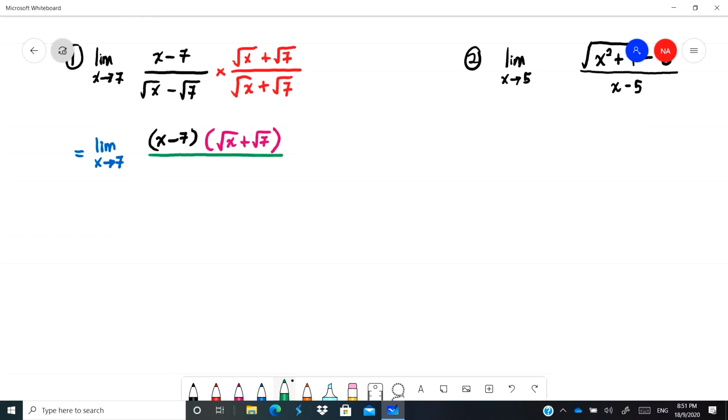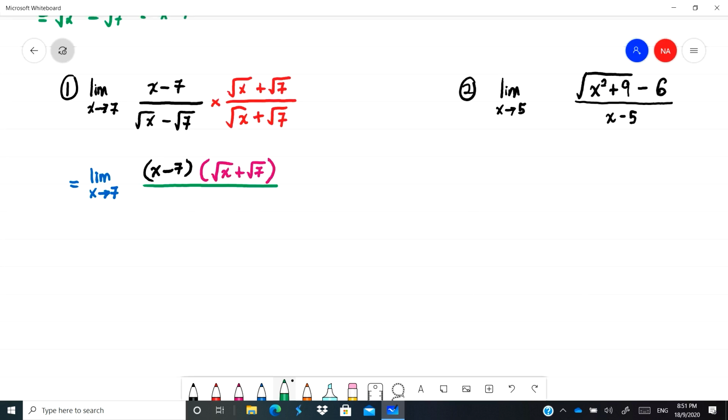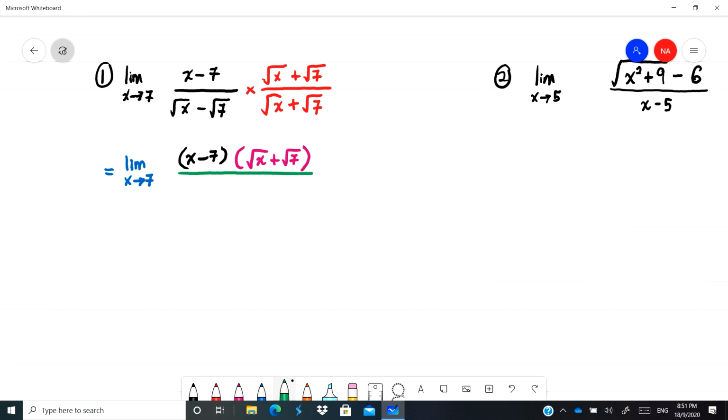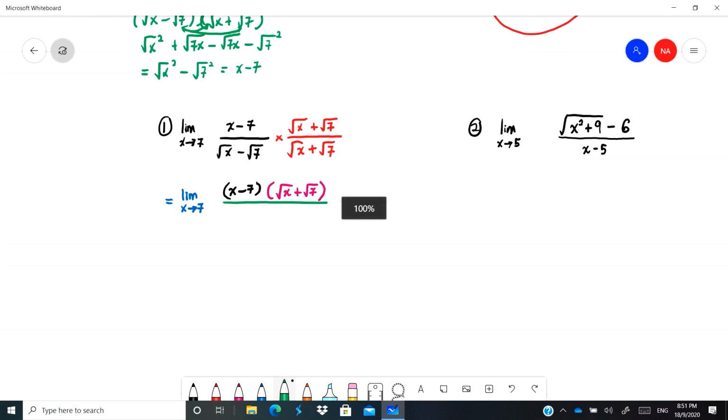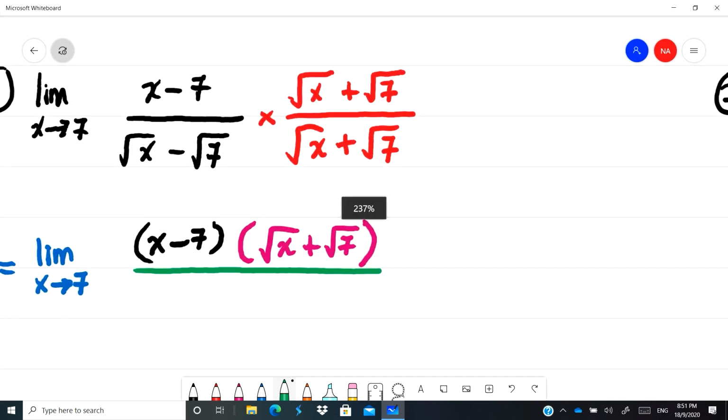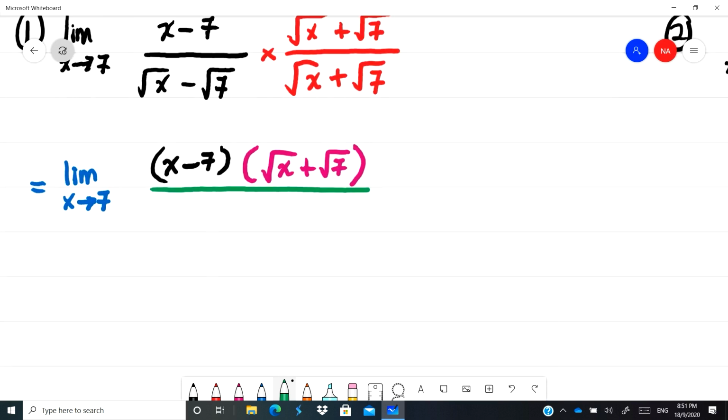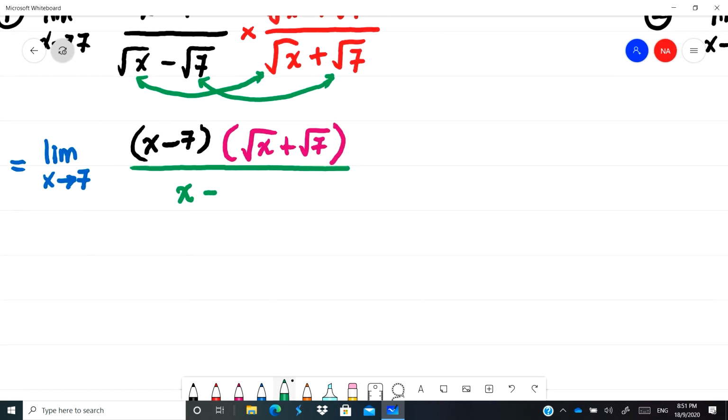The basic idea, when you have this type of multiplication, is that one is plus and the other is minus, so you have square root x with square root x, square root x squared simplified as x, then subtract in the middle, and then square root 7 with square root 7, so square root 7 squared is simplified as 7.